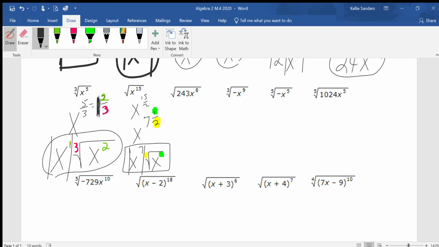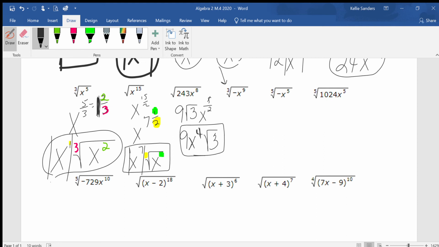Square root of 243, 9 square root of 3, 8 over 2, 8 over 2 is 4, so that is going to come to the outside front, and the square root of 3 is going to stay inside. 4 is even, so it does not have to have an absolute value.